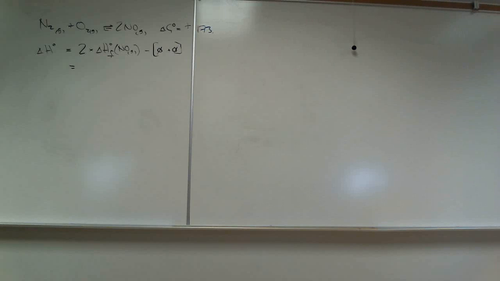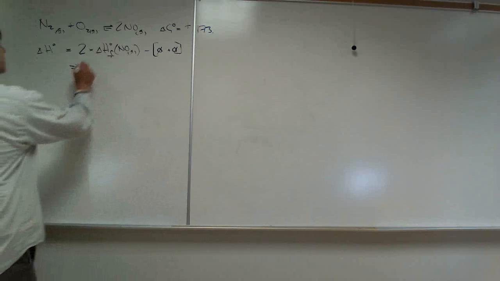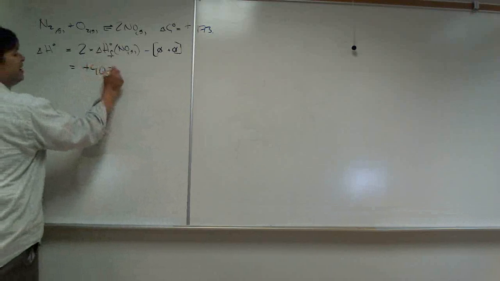Vincent, did you find it? I'm still looking for it. Look under nitrogen. Actually, Appendix D, delta H of formation. NO2, NO. Oh yeah, it's plus 90.25 kilojoules.